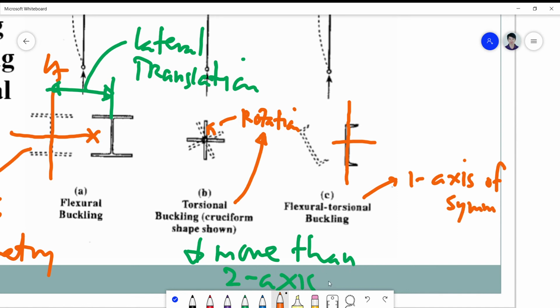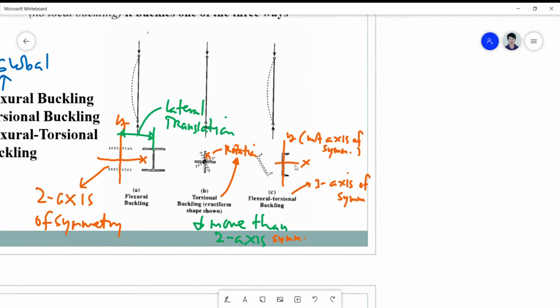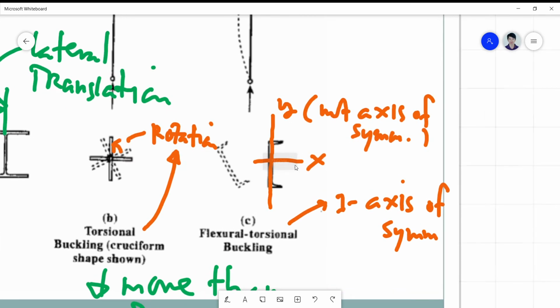So this is more than two axes of symmetry. A channel has only one axis of symmetry with regards to x. So y is not an axis of symmetry. And the behavior is very clear to follow the combination of a translational displacement.